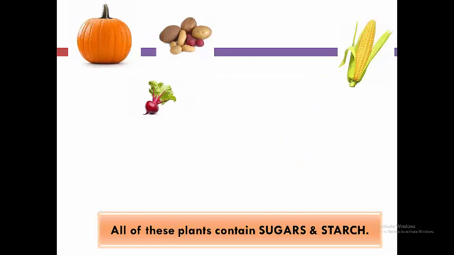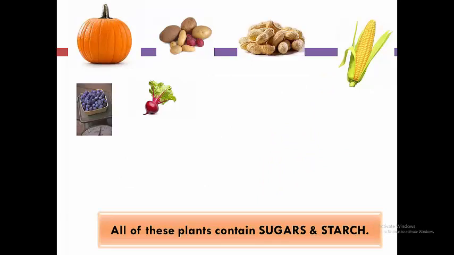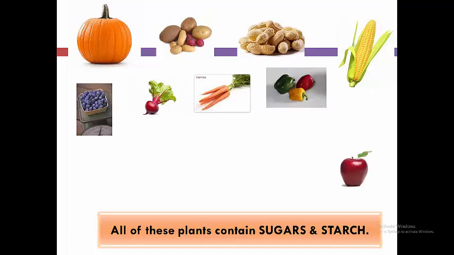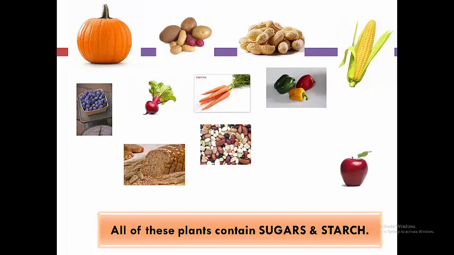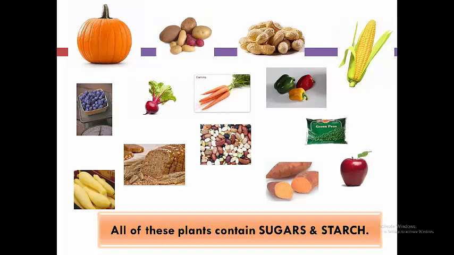As you look at these images, remember they're all plants, and you know that all plants contain carbohydrate, and you know that where there is one form of carbohydrate, there are all forms of carbohydrate to some degree. So all of these plants contain sugars and starches.